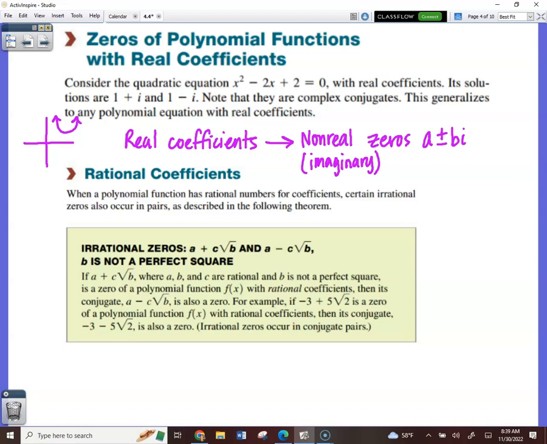This right here is letting you know that if you've got rational numbers for coefficients, it can produce irrational zeros.